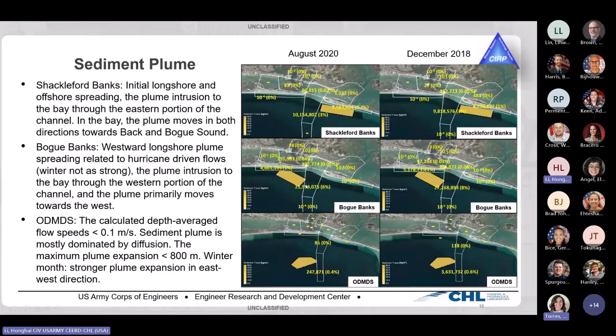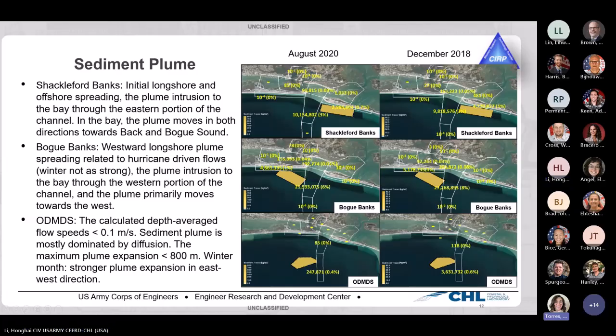This Google site compared to Shackleford Bank, there's more material moving toward the channel and also into the sound, right? So you see even here there's 0.04%, right? And also in the winter case, you have 8% moving to the channel here, and also 1% moving onshore.